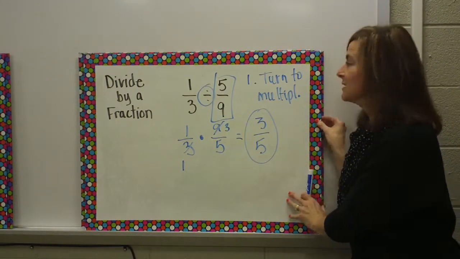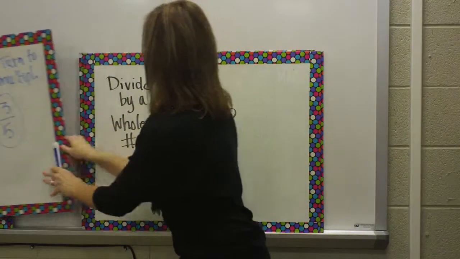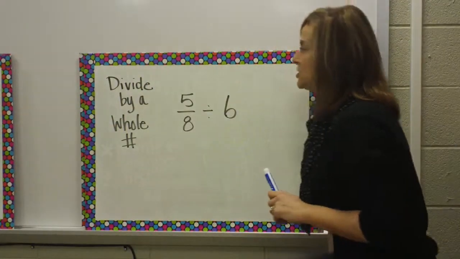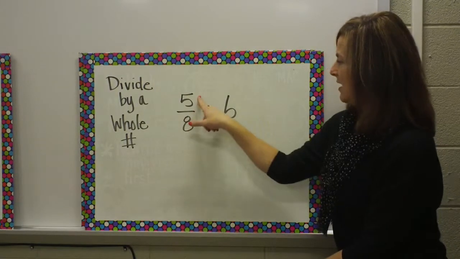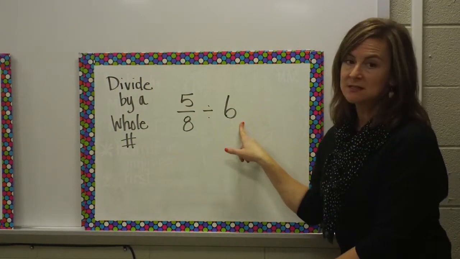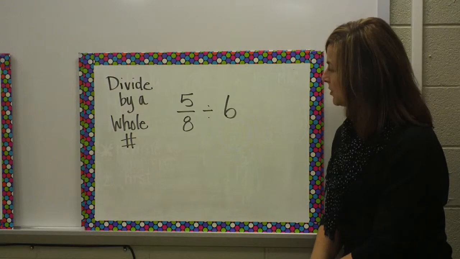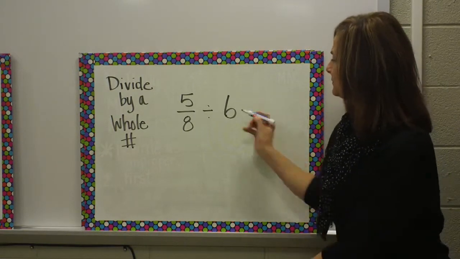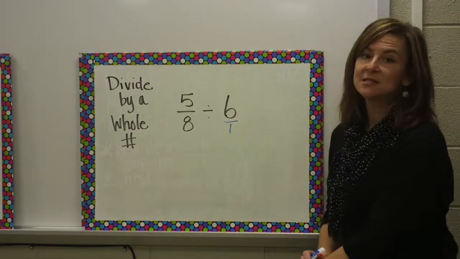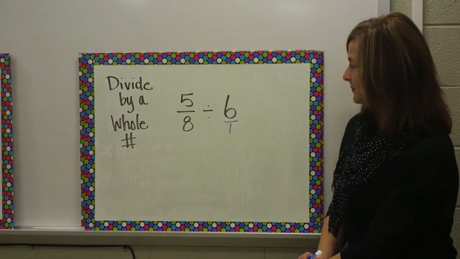Let's take a look at another example. Here I have a fraction and I'm going to divide by a whole number. So I have 5 over 8 divided by 6. Well, if I'm going to turn this into a multiplication problem, I need fractions first. So I'm going to rewrite my 6 so that it shows up as a fraction.